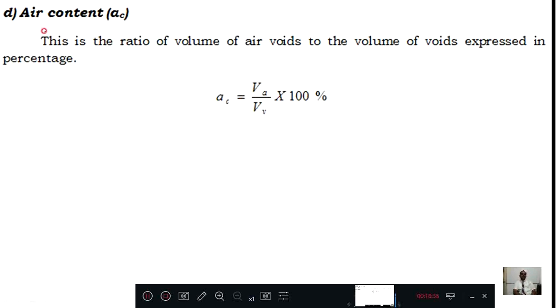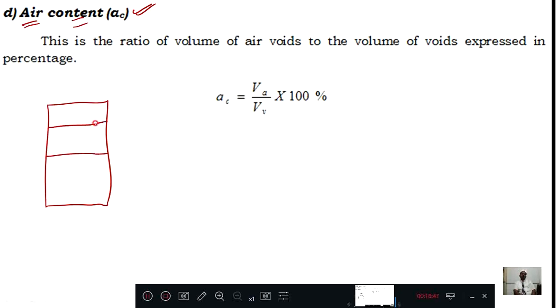Next, the fourth term is the air content. The air content is denoted as AC. This air content is just the opposite, or complementary, to your degree of saturation. In the last term, we studied how much water was there in the entire volume of voids, that we studied in the previous slide.